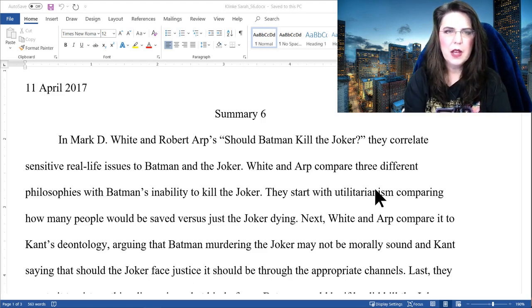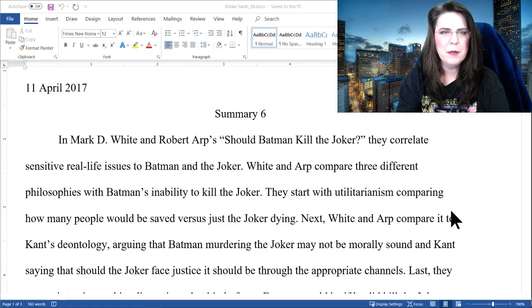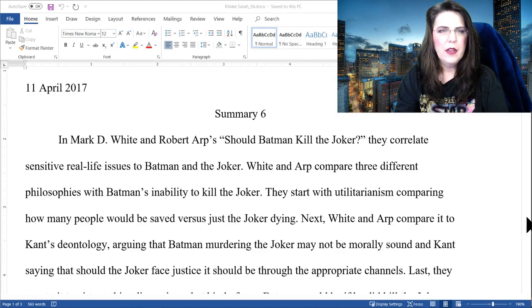Let's continue. White and Arp compare 3 different philosophies with Batman's inability to kill the Joker. So her second sentence lets the reader know that White and Arp use philosophy to discuss Batman and Joker. Let's continue with her essay. They start with utilitarianism, comparing how many people would be saved versus just the Joker dying.